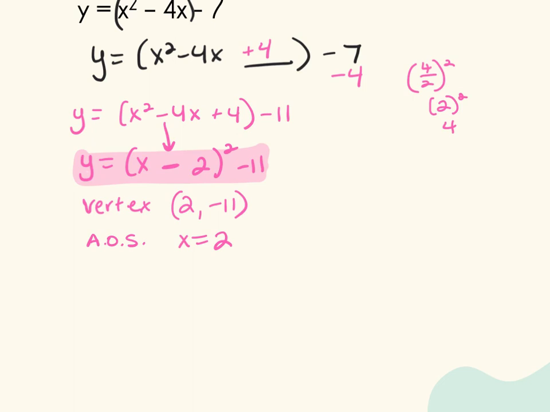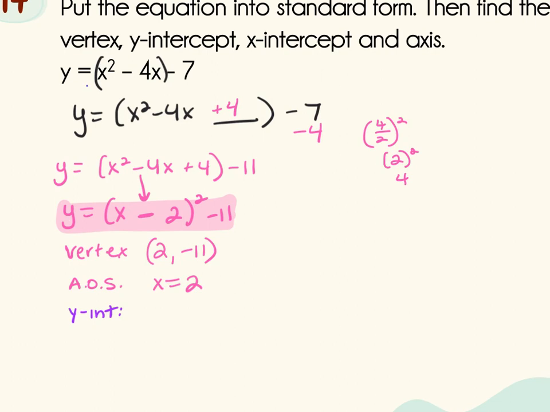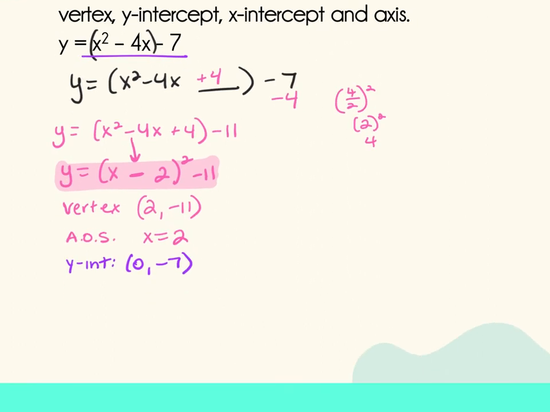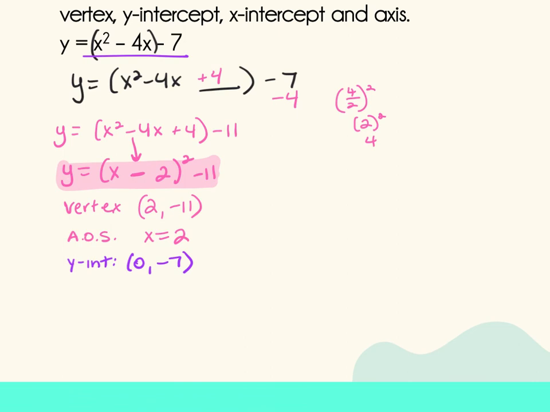Okay, so now y-intercept, do the easy one, right? What happens when I plug 0 into x at the beginning? I get what? -7. X-intercept, not as fun, okay? Well, there's no factors of -7 that sum to -4, so I'm going to use my standard form. I'm going to say 0 equals x minus 2 squared minus 11.